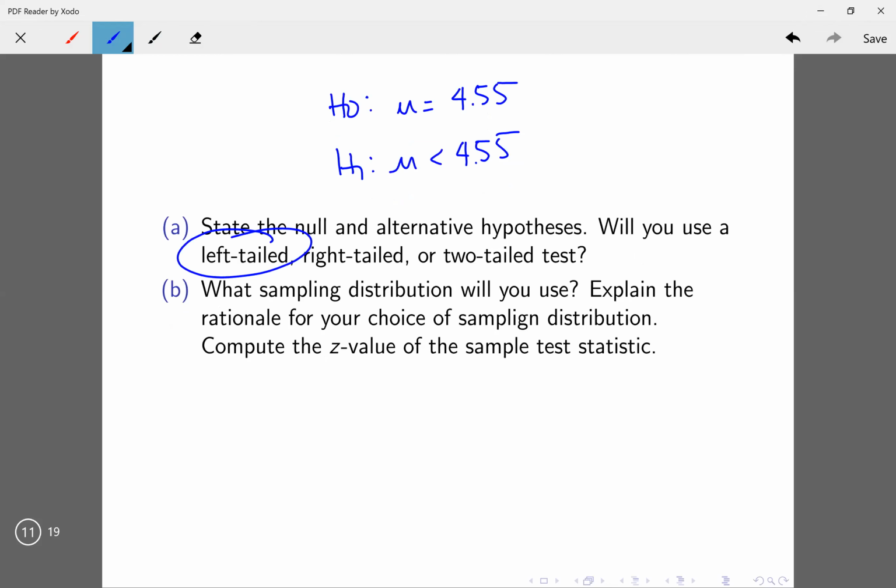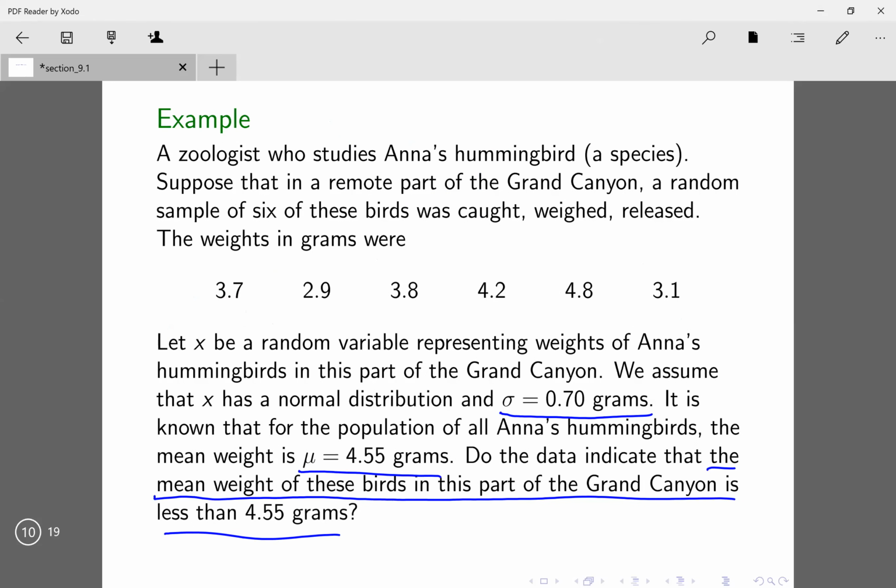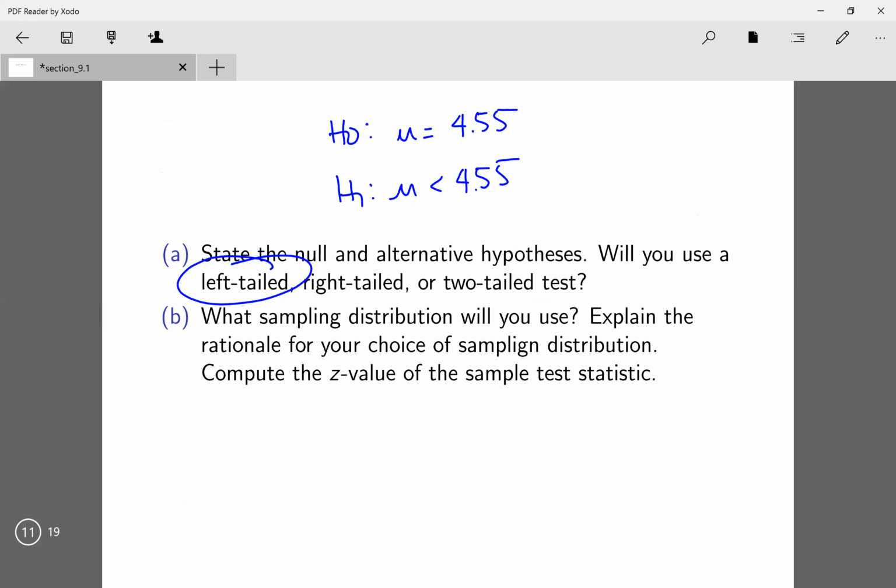Okay, that brings us to the question of what sampling distribution do we use? Well, if we go back to our previous slide, what are we doing? We know that the distribution of these birds is normal, and we're taking a sample mean. So what we need to do is work with the distribution X bar.